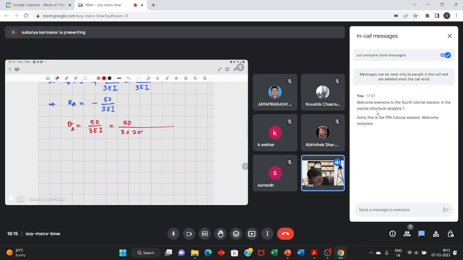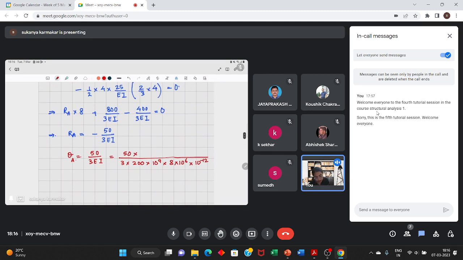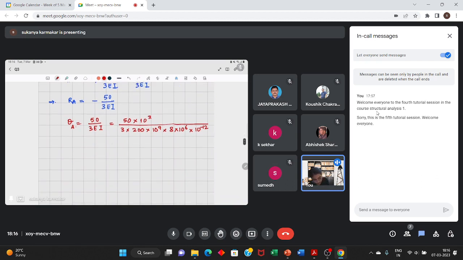So it will be 200 into 10 to the power 9 Newton per meter square. 8 into 10 to the power 6 is I in mm to the power 4. So to convert it into meter to the power 4, I have multiplied it with this factor. While calculating this RA, the load was put in kilonewton. So I need a factor of 10 to the power 3. So when you simplify it, you get theta to be 0.01 radian.